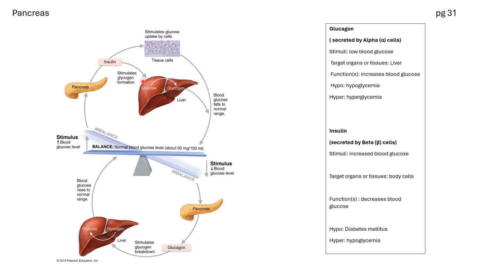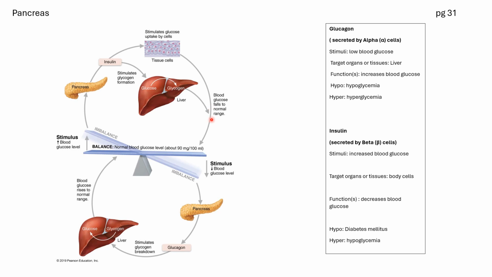Glycogen is how the carbohydrates are stored in the liver. As a result of this uptake of glucose by the cells and also by the liver, glucose is moving inside the cells, and the blood glucose levels come to normal.